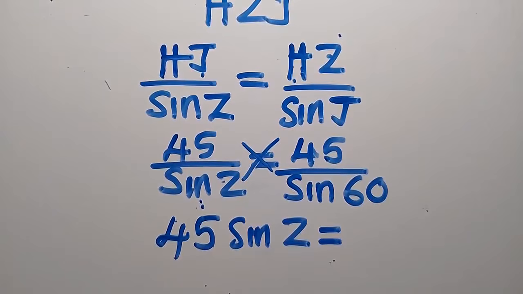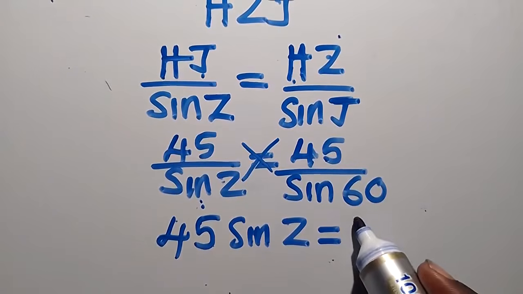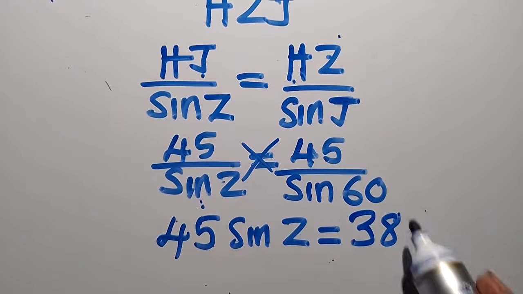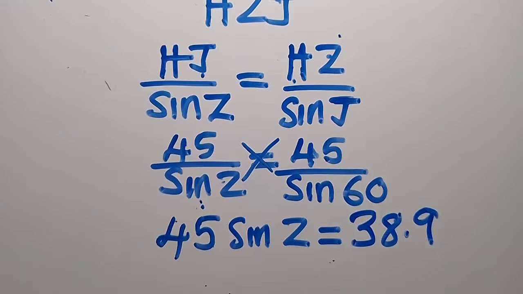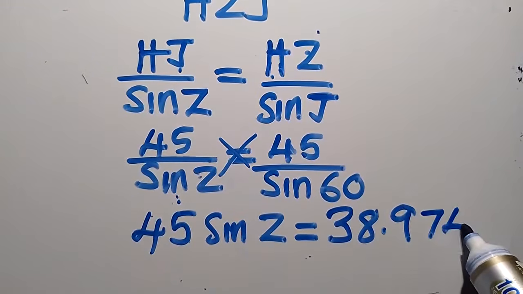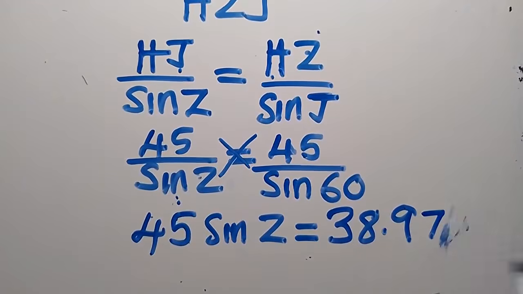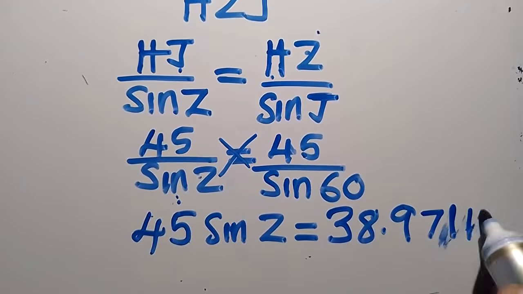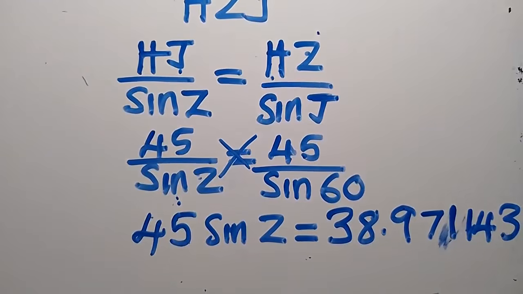What am I going to get? I'm going to get 38.97471711 and so on, just a big number.